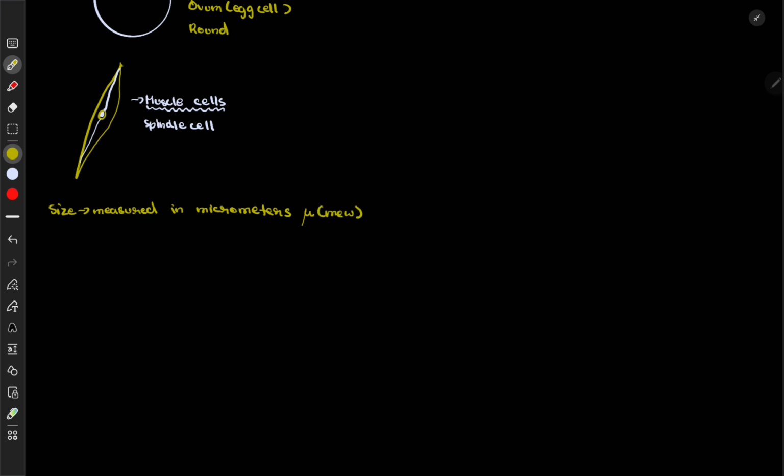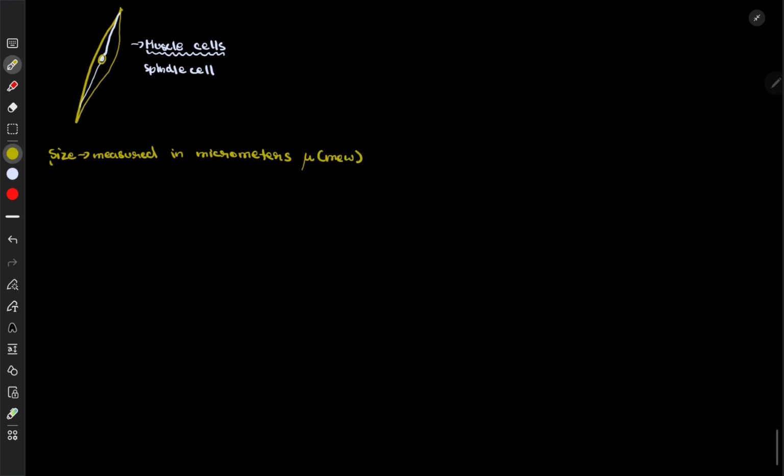I believe this is the spelling. Now, this is our size. Micrometers are basically one millionth of a meter. You can also call them microns.